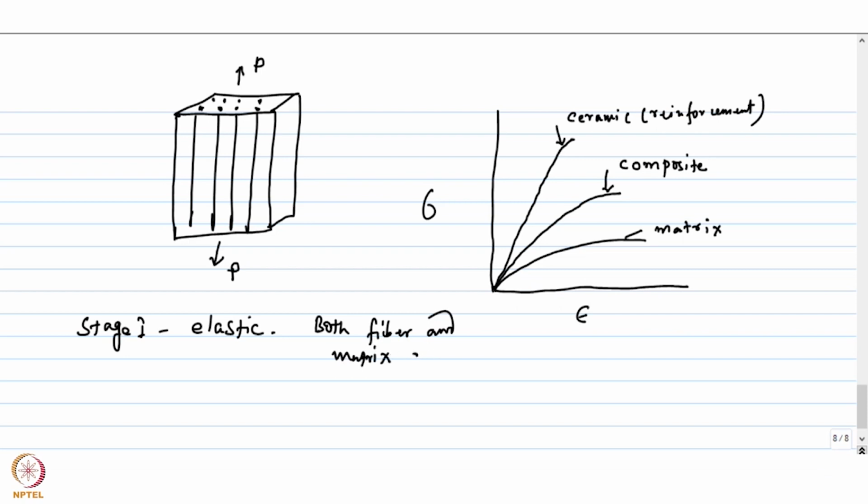Both fiber and matrix deform elastically. So that is stage one. If you look at the stress strain curve of the composite, that is the straight line portion or the elastic portion, right? So that is stage one.